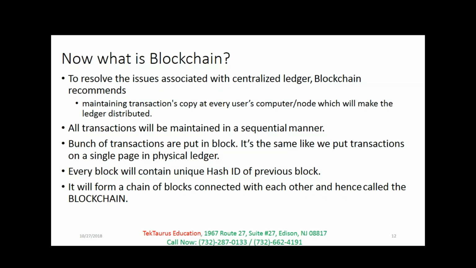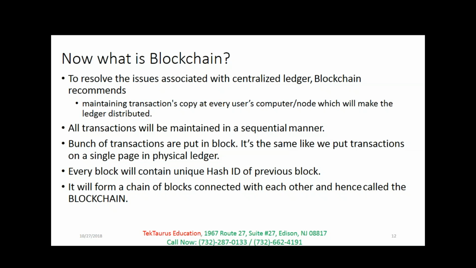A bunch of transactions are put in a block. Suppose there is a traditional system in which we store the data only in ledgers. Thirty years back, when there were no computers, banks were updating everything on a physical ledger. Set of transactions were filled on a particular page.